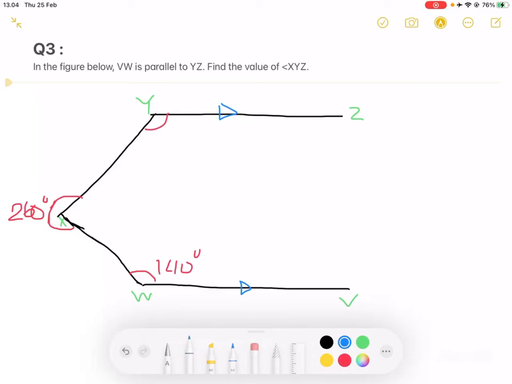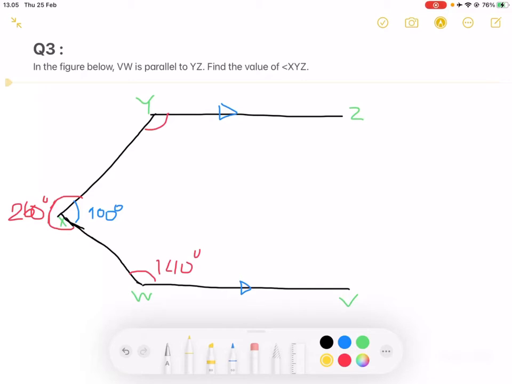And the first thing that most of you might have noticed is that this acute angle at WXY must be 100 degrees, because the sum of all angles at a point is 360 degrees. And at this point, you might be stuck because there aren't that many clues.